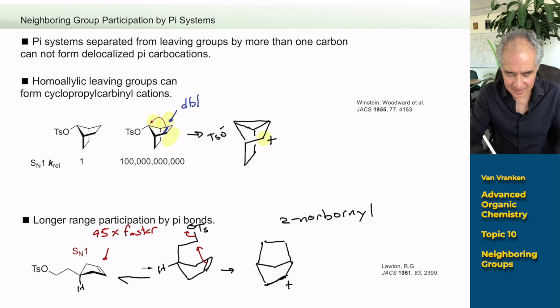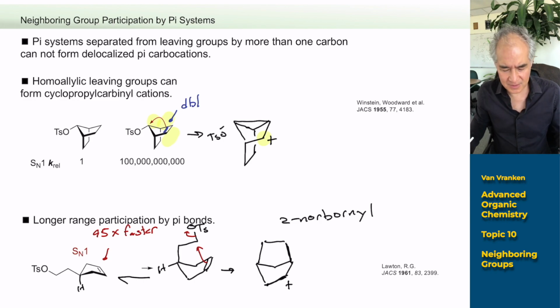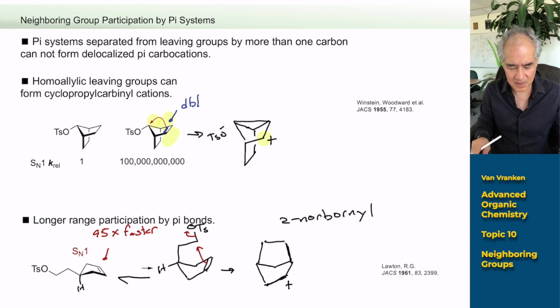You know, the bonds in 2-norbornyl cations are well aligned, with a little extra p character because it's not like normal 109-degree bond angles. So when you're not locked into a reactive conformation, it's only a minor amount of some conformational isomer that will be participating in the reaction. So it's not 100 billion times faster, it's only 100 times faster.